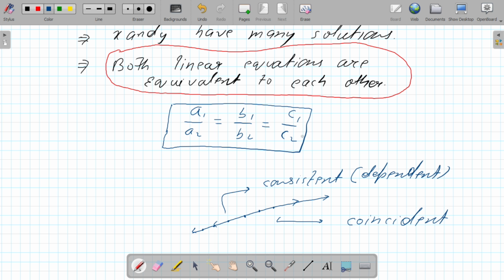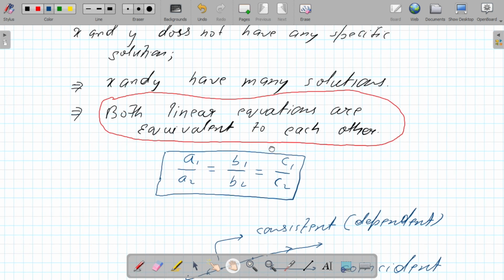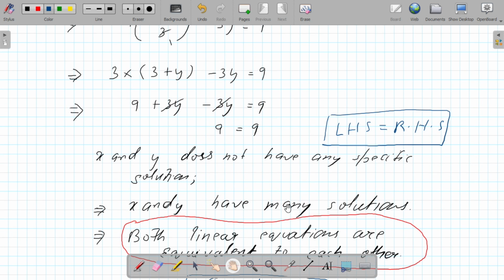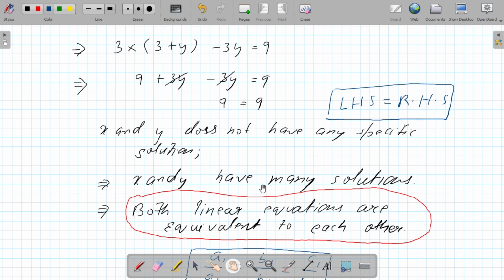Class, you will face these kinds of questions so much in your board examination. So you have to determine whether the LHS is equal to RHS or not. Here in this case, LHS is clearly equal to RHS after substituting the value. So we concluded two things: x and y have many solutions, x and y does not have any specific solution.